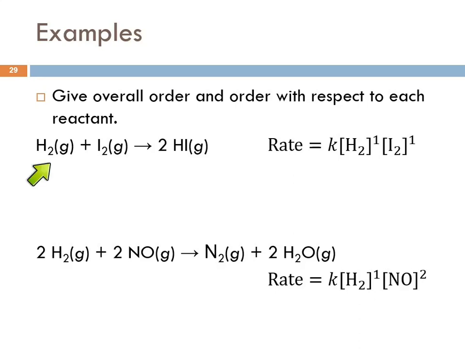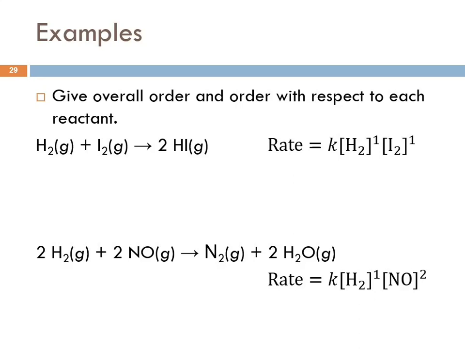So for this reaction, hydrogen gas reacting with iodine to form hydrogen iodide, here is the rate law. What is the overall order of this reaction? 2. We're going to take this exponent and add that exponent. 1 plus 1 is 2, right?